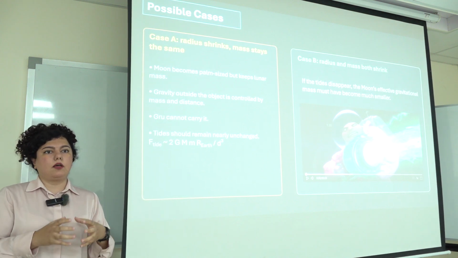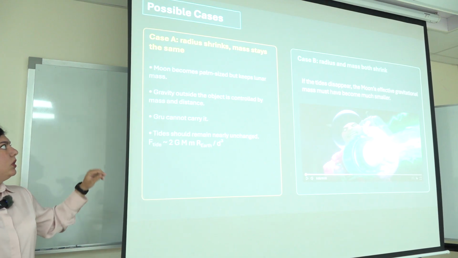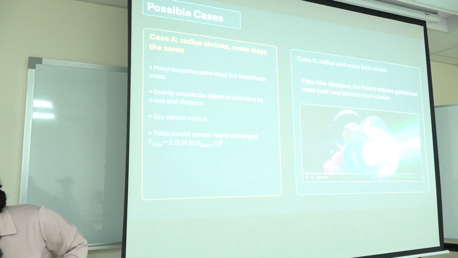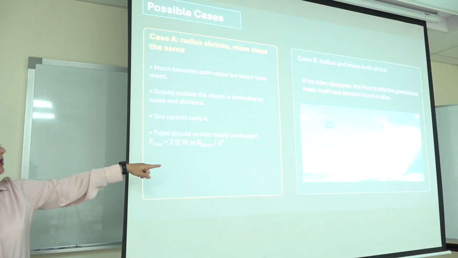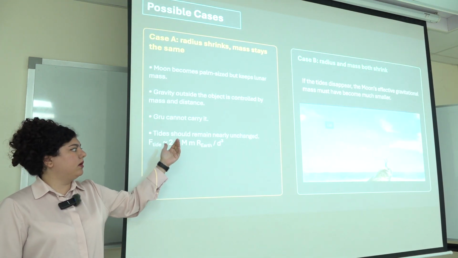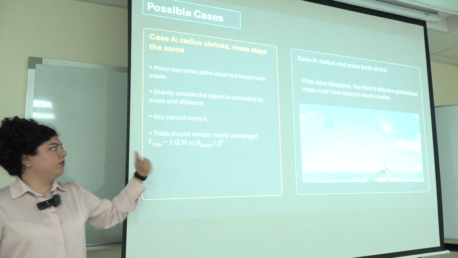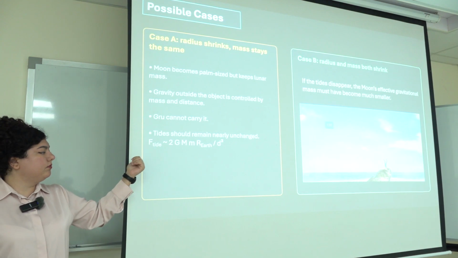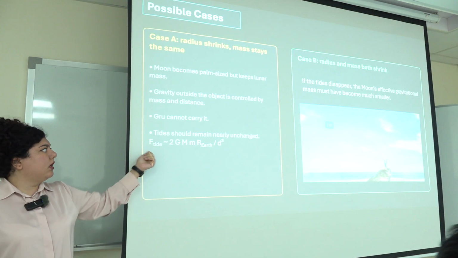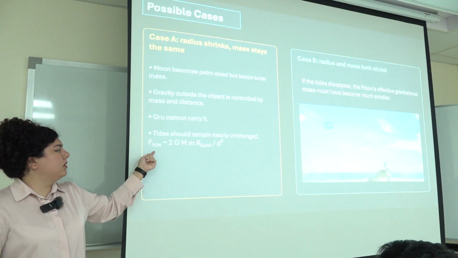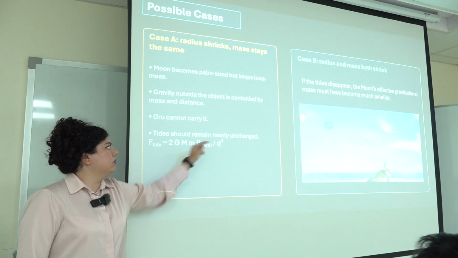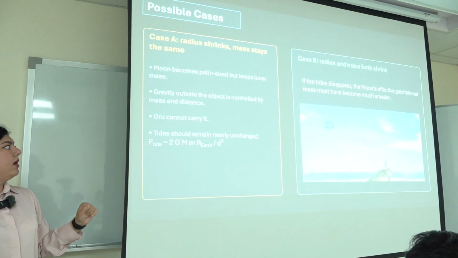But in case A, the density is going to be very, very high because lots of mass is concentrated in a very compact object. But in one scene after that, we see that the waves of the ocean disappear, and we know that it's because of the tidal force. And tidal force is proportional to mass and inversely proportional to distance cubed.